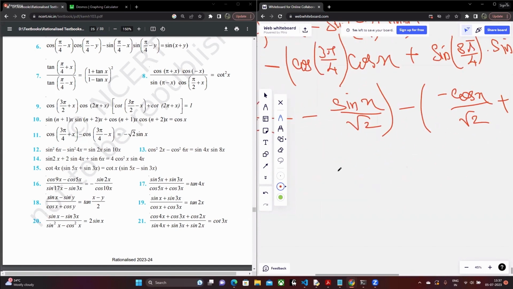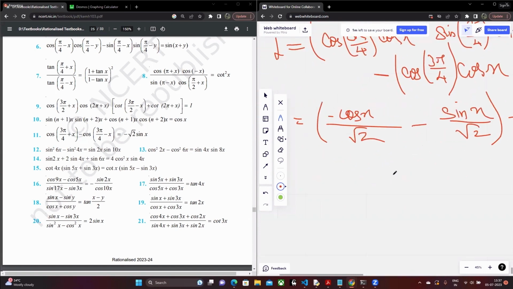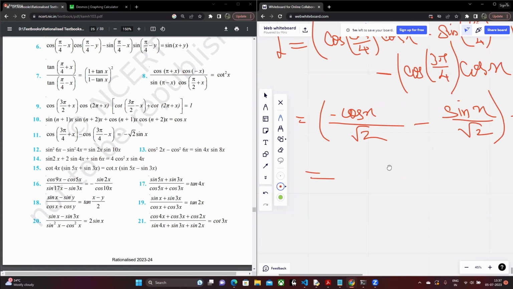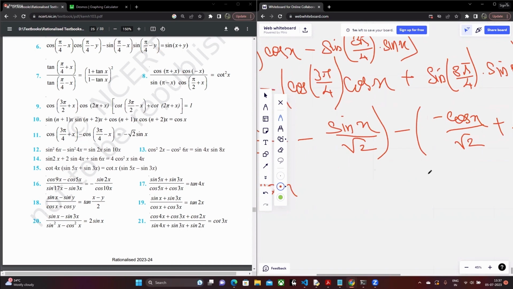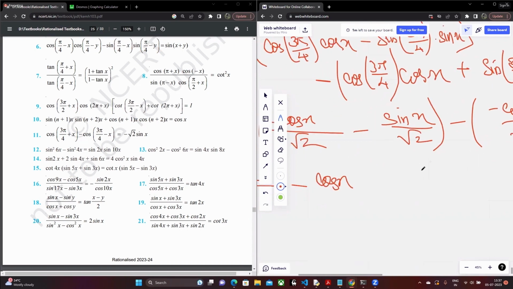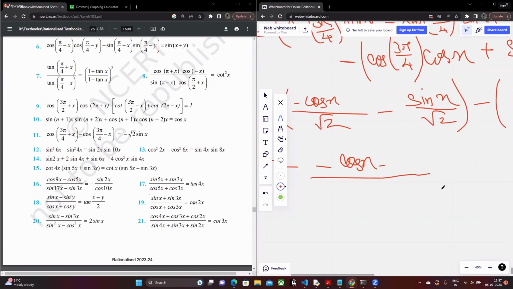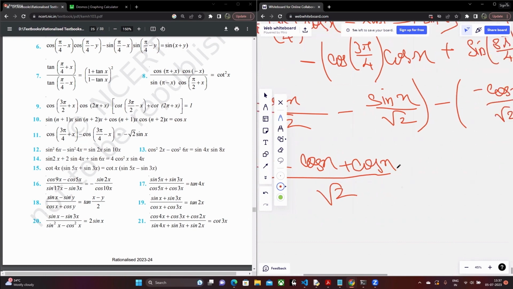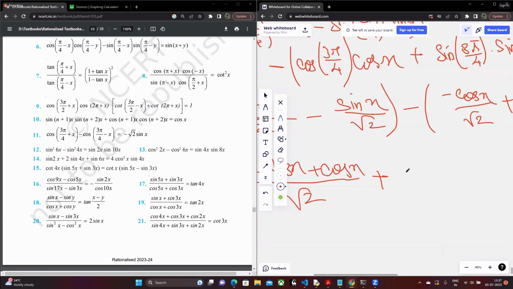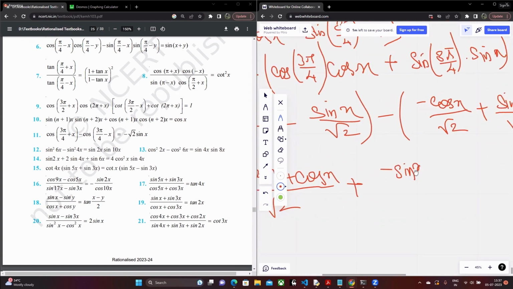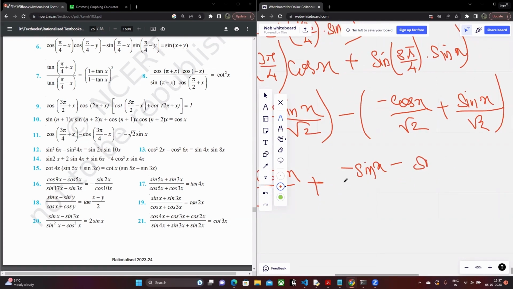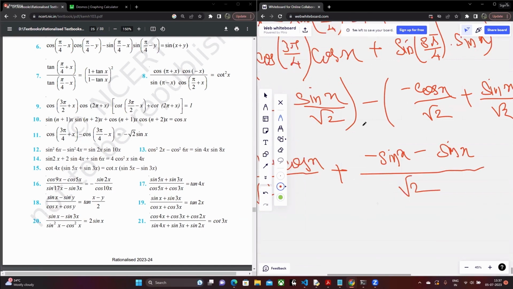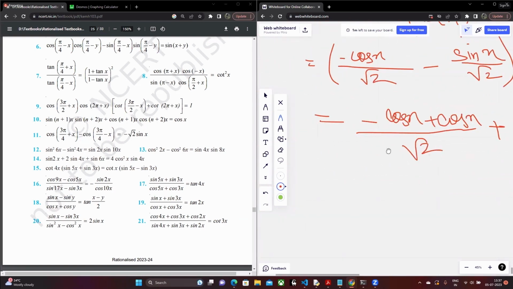Now removing the brackets, you are basically left with minus cos x. Minus of minus is plus. So this is going to be minus cos x plus cos x divided by root 2, plus, this is going to be minus sin x because minus and plus is minus. Minus sin x divided by root 2. This is going to give you a 0.